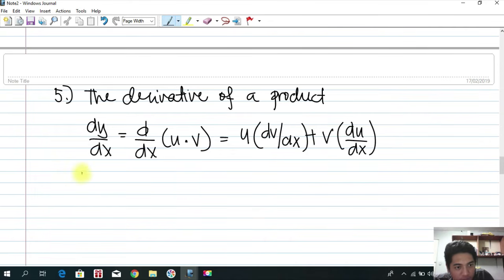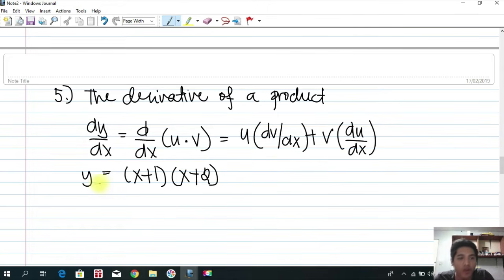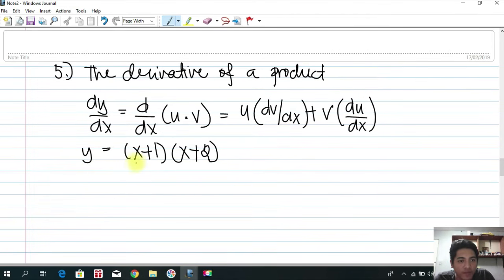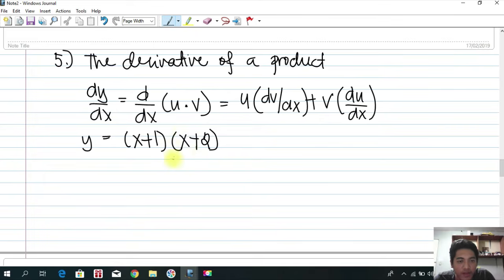So one example is this: x plus 1 times x plus 2. We can use FOIL in order to perform this product, but using this derivative of a product, we can simply use the formula, let's say dy over dx. So this will be our u and this will be our v.